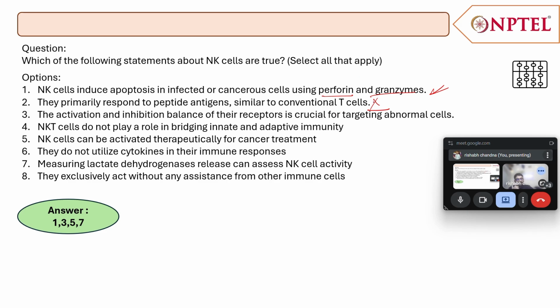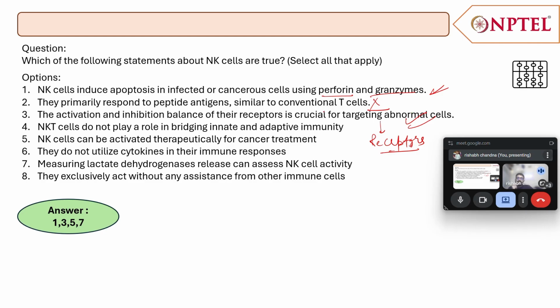So this is false. The activation and inhibition balance of the receptors is crucial for targeting abnormal cells. Yes, this is correct. They actually check for the receptors on the abnormal cells.